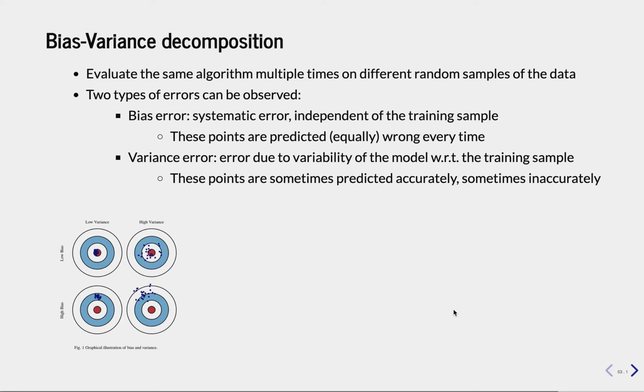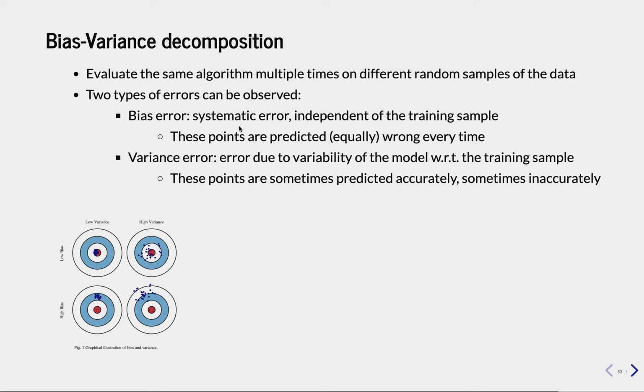We can actually do some analysis on that to better understand what kind of misclassifications your model is making, and from that get better insight into whether it's overfitting or underfitting, or whether there's some kind of weird behavior going on. We can do this with something called bias-variance decomposition.